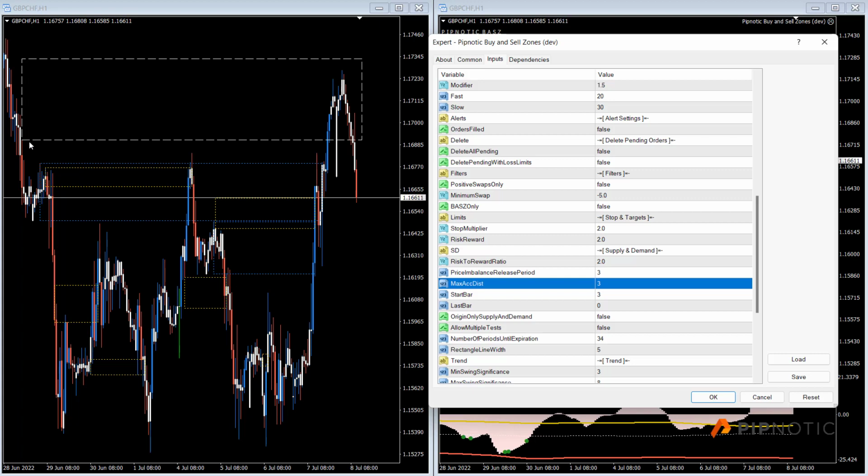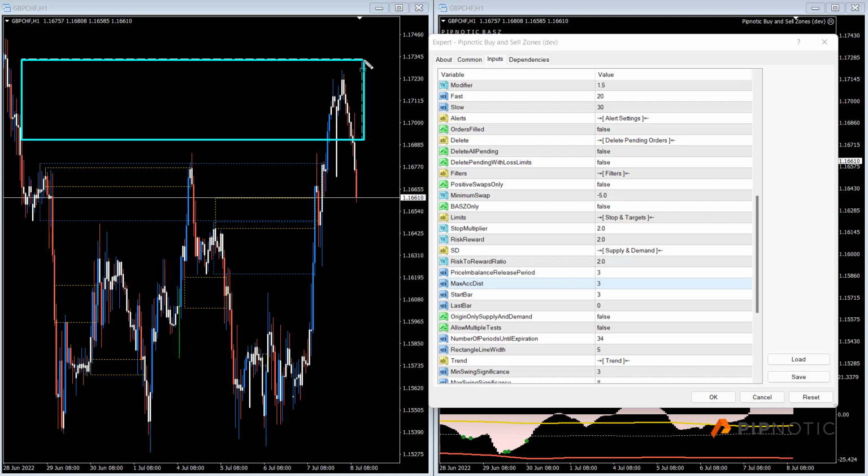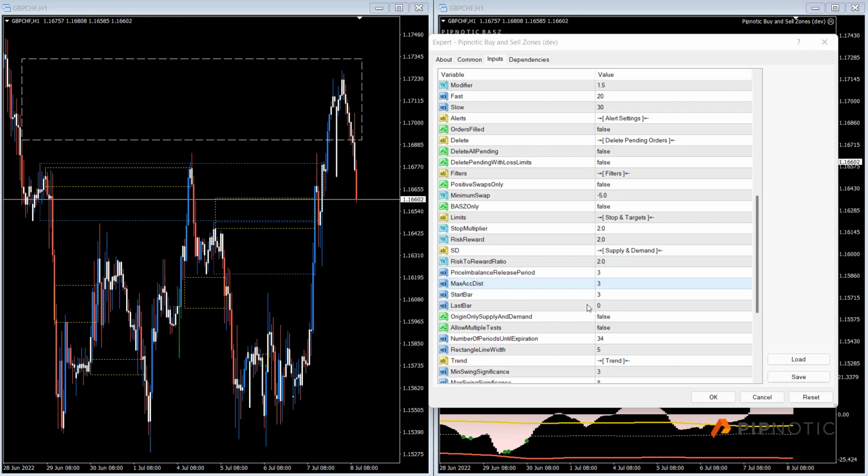So instead of this area just here being like this, which it should have been, because there's a lot of noise in here, it says price is going to move through this really easily, so we're going to put it above the area of supply, like that. Price went up into it and then it went down. This is what you'll very often see when there's a whole lot of distribution or accumulation in an area of value. That's a really cool feature.